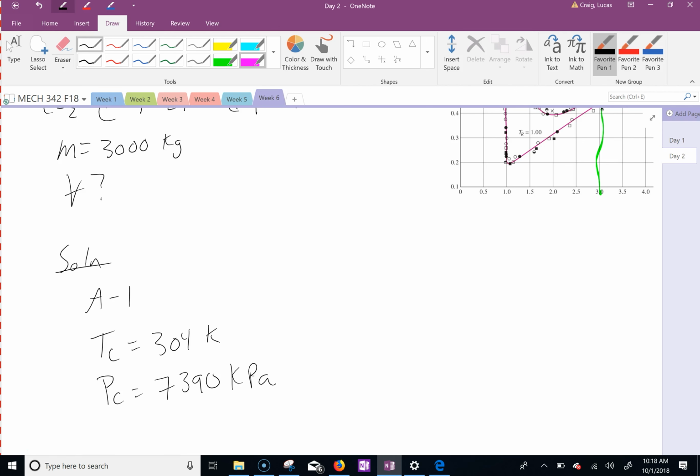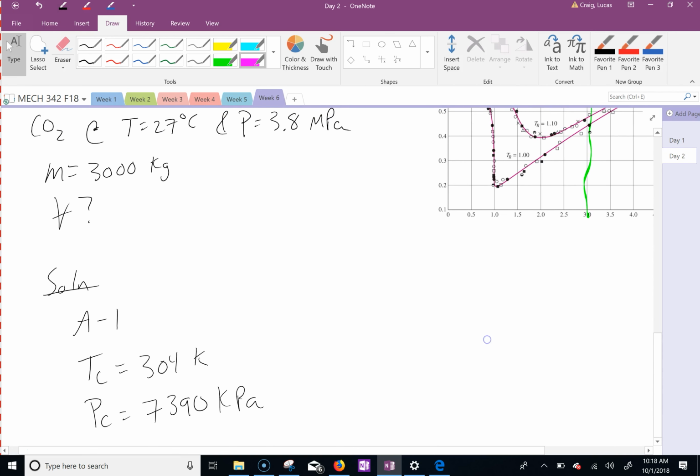So, based on the rule, we have 27 degrees C. What is that in Kelvin? Add 273, so about 300.